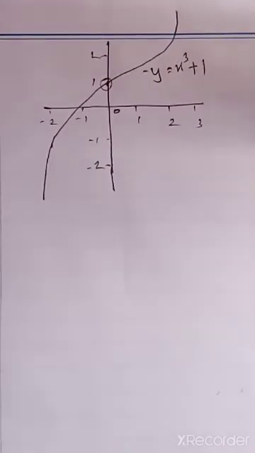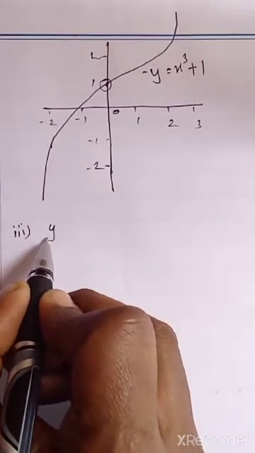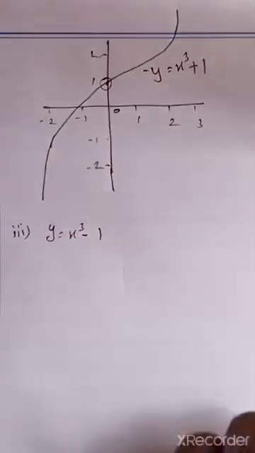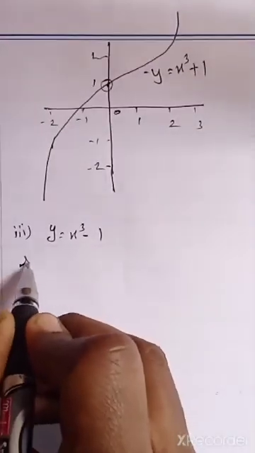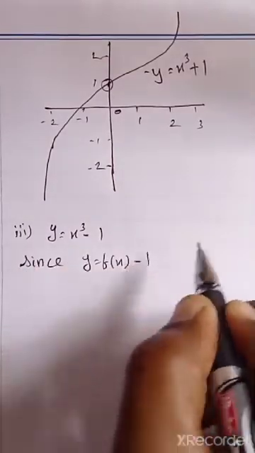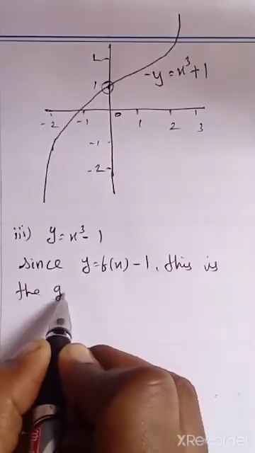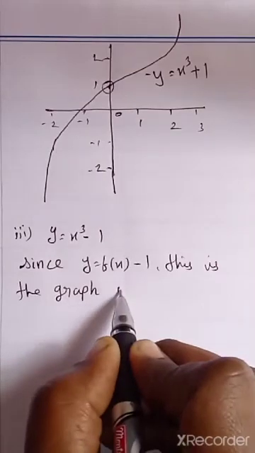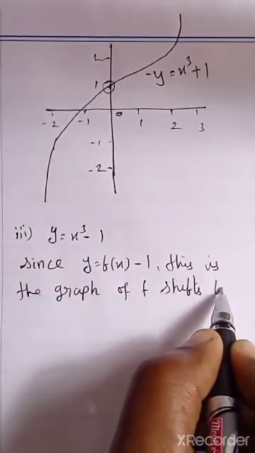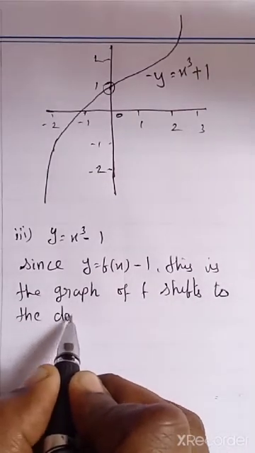Okay, next, third subdivision. So what is your third subdivision given? y equal to x cube minus 1. So how can we write? Since y equal to f of x minus 1, this is the graph of f shifted downward.